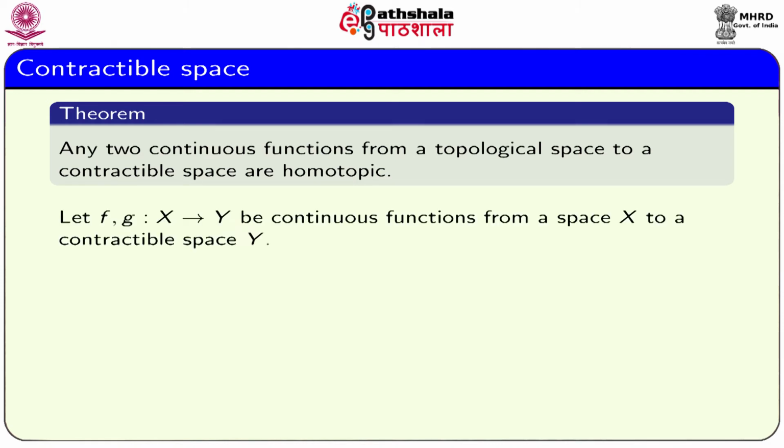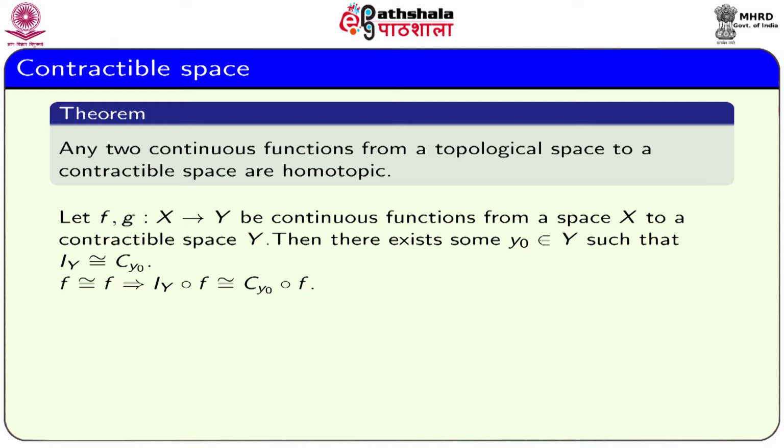Suppose f and g are two continuous functions from a space X to a contractible space Y. Then there exists some point y0 belonging to capital Y such that the identity function on Y is homotopic to the constant function Cy0. Now it is known that being homotopic to is an equivalence relation.